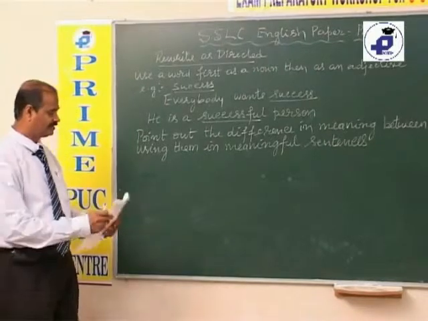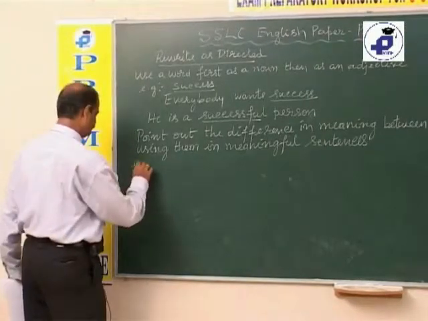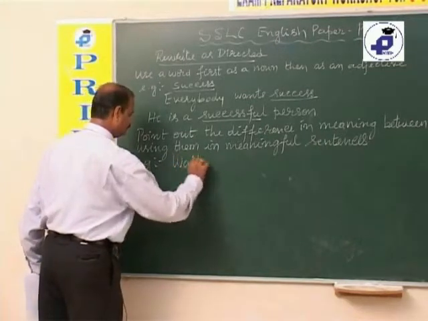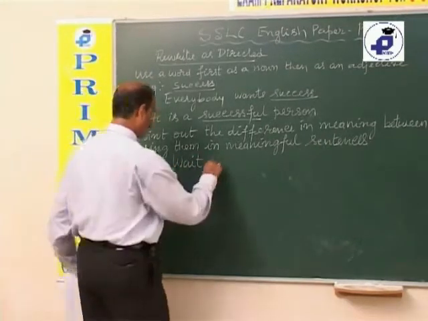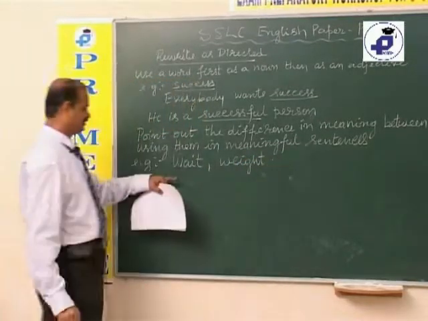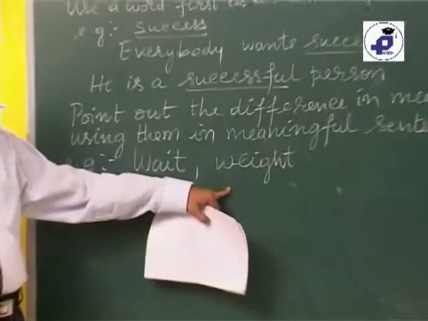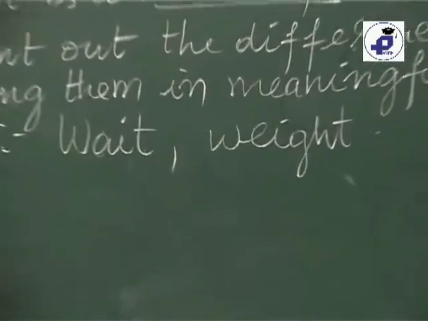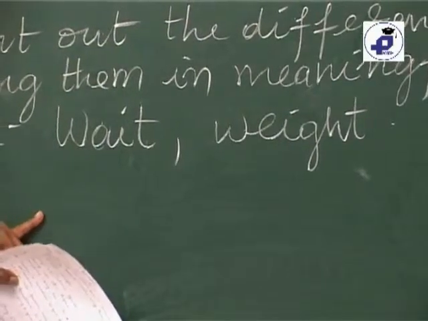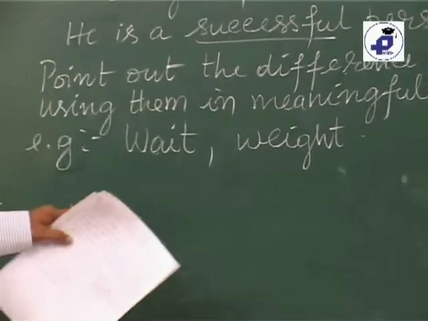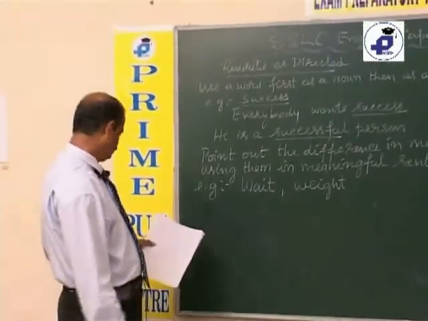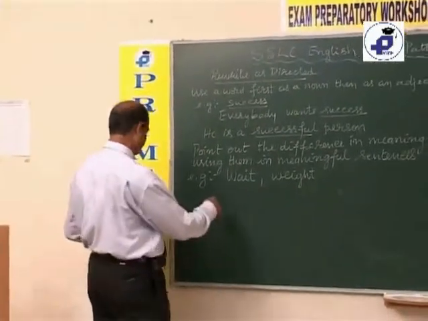So there is an example question. Two words are given. One is weight, another word is wait. See, the pronunciation of both the words is the same, but using these two words, you have to make a sentence.